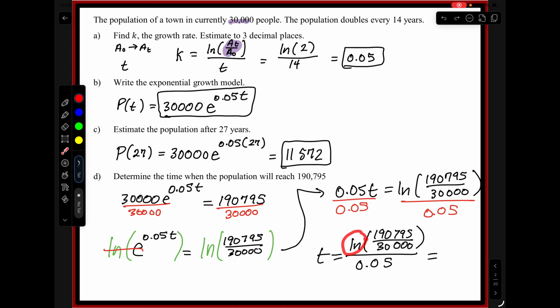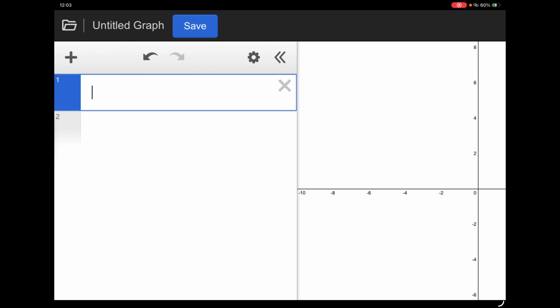It's going to be the natural log of the desired amount to the initial amount, divided by our K, this number right there. So you can use that shortcut instead of doing step 1, step 2, and then step 3. You can go straight to the answer because it's going to be the same format every single time. All right, so let's determine the answer.